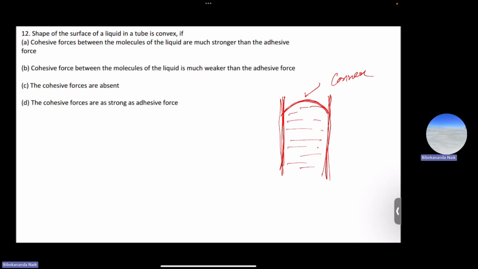Since the cohesive force between the molecules of liquid are much stronger than the adhesive force, that's why the surface will be a convex surface. So option A will be the correct option. If it is much weaker, then it will be concave.